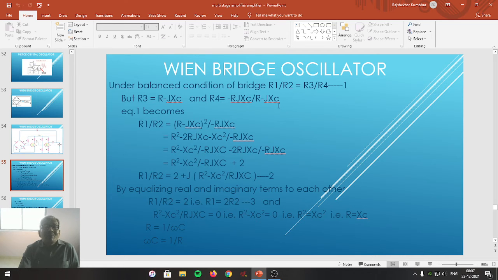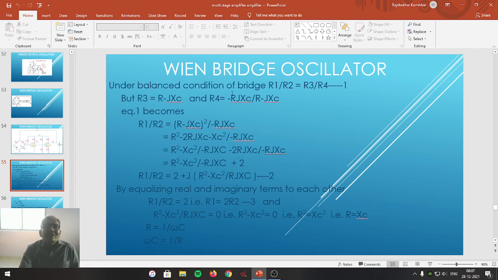Because it is a parallel combination, we can say 1 upon R minus 1 upon jXc. So by simplifying that, we can get R4 equal to minus RjXc upon R minus jXc.